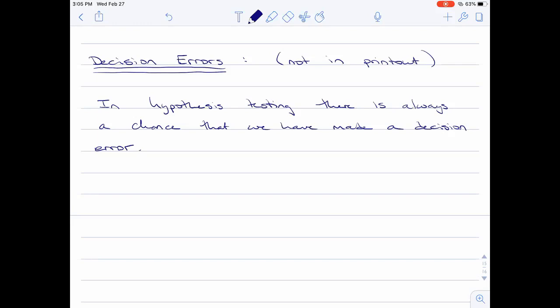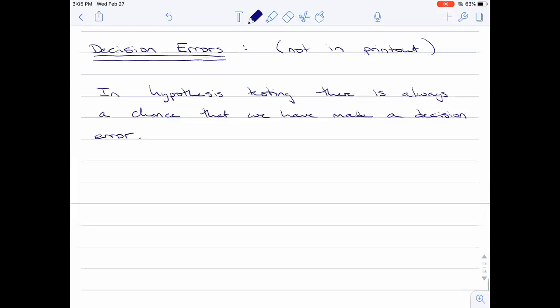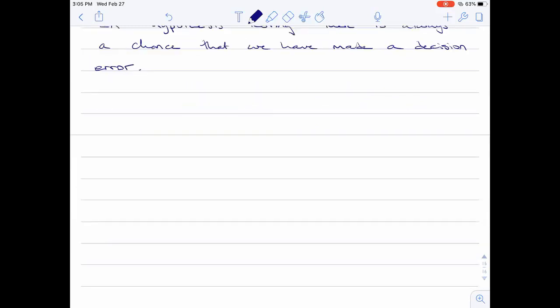Usually how these things are presented is in a table. So I'm going to draw the table for you. Here, I'll start with the test conclusion. So whatever conclusion you've made from your data, you can either do not reject H0, or you reject H0.